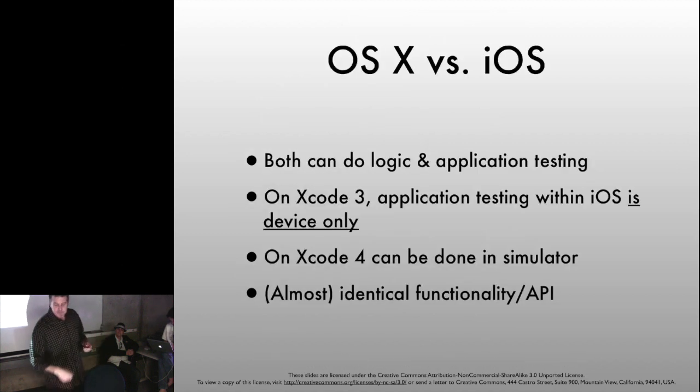So, some of the subtle differences between OS X and iOS: there's a lot of Apple developer documentation on this, so I'm not going to talk too much about it. But I'm going to highlight some of the important similarities and differences. They both can do logic testing and application testing.